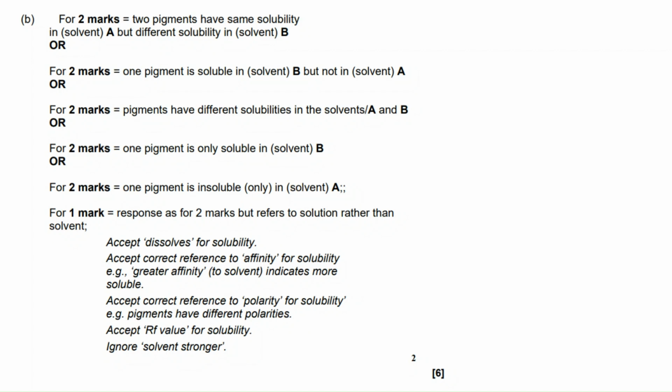Then correct reference to affinity for solubility, so greater affinity to the solvent indicates more soluble. And accept correct reference to polarity for solubility, so you can use different terms for solubility. They also accept RF value for solubility, but you don't get marks for saying the solvent is stronger, because that doesn't mean anything scientifically.